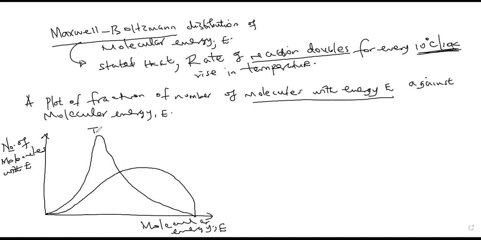This is T1, and at this point we have T2. At this point we have the activation energy EA, and let me shade this region like this.